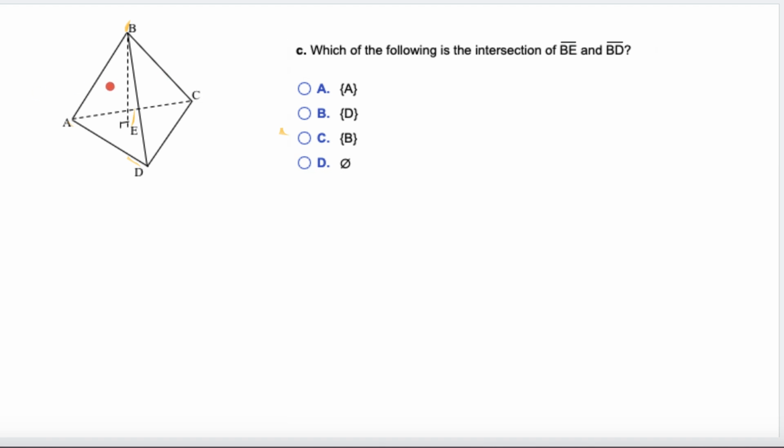Segment BE is right here. Segment BD is right there. By just reading this, we know the intersection is point B, right? They meet at this point. So point B.